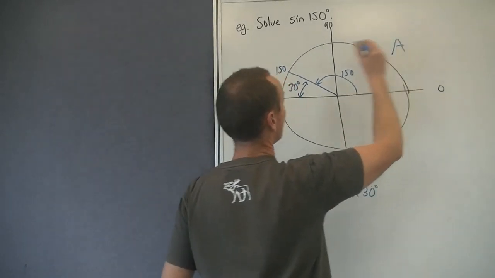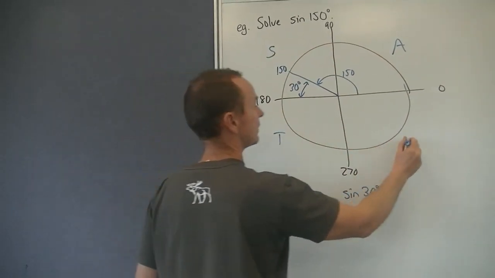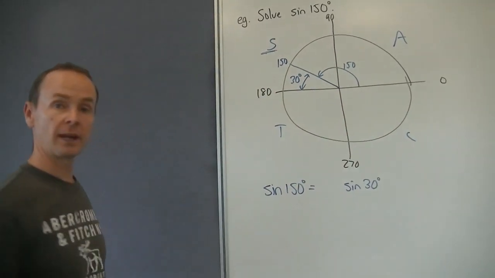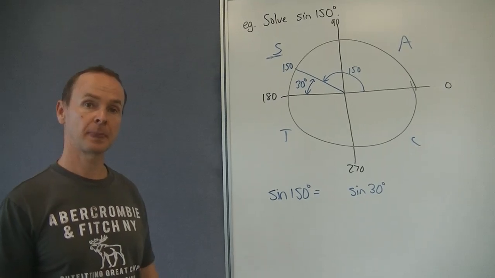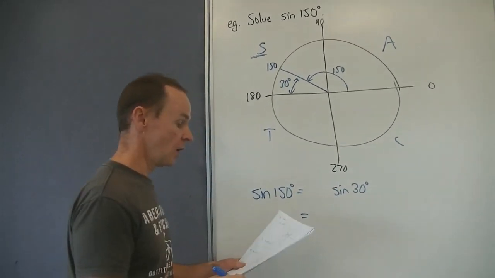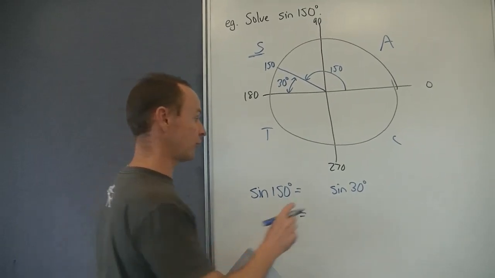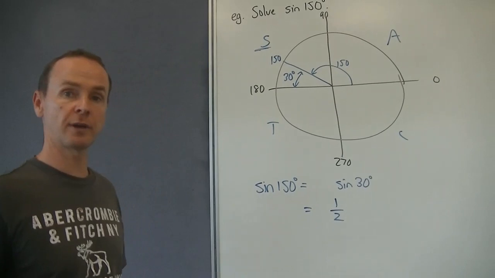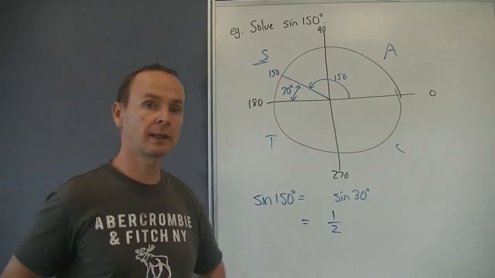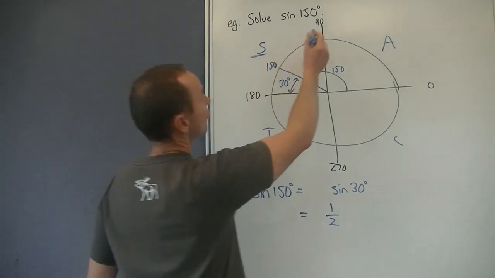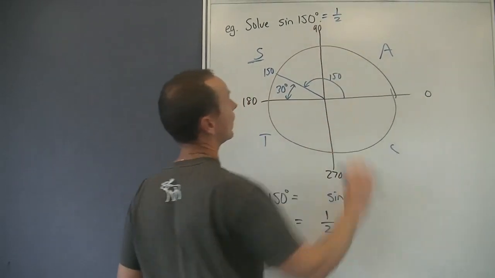Sine is positive in that quadrant, so we just leave it like that. It's positive sine 30. Now we look at our exact value triangles, and we know that sine 30 is equal to a half. You just read that off those ratios we had a second ago. And there's your answer: sine 150 is equal to 1/2.